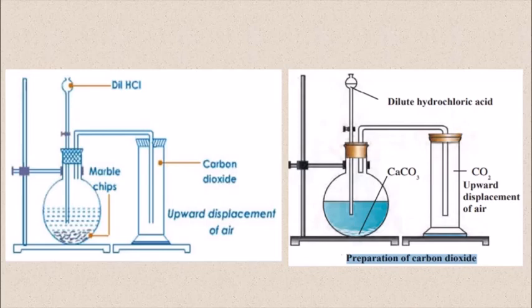As there is no smell, it is odorless. Carbon dioxide is an odorless gas, but you can add lime water into it. It will turn milky. You can then find out that the carbon dioxide gas has been released. So this experiment is done whenever you have to prepare carbon dioxide in the laboratory for various purposes, and in this way we prepare carbon dioxide.